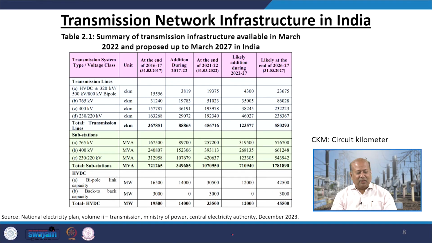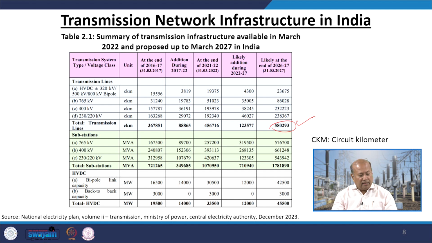Now, this is the transmission infrastructure of India, which is very, very huge. As you could see, what are the available data till 2022 and what has been proposed till 2027, it is huge. I mean, all of you please concentrate. The transmission line is almost close to 580,000 circuit kilometers, which is very, very huge.